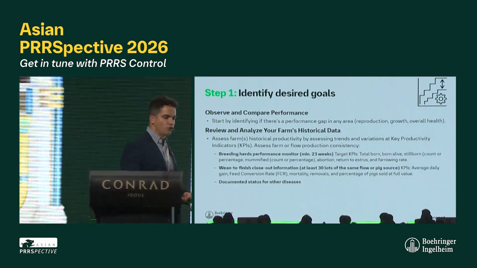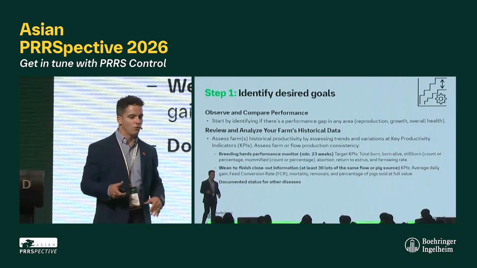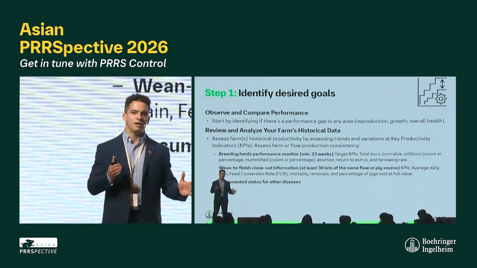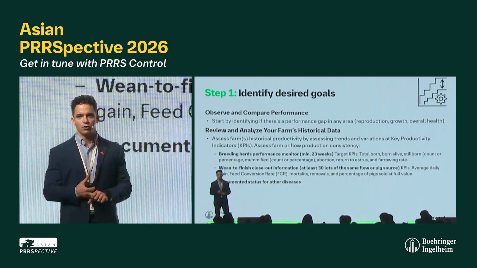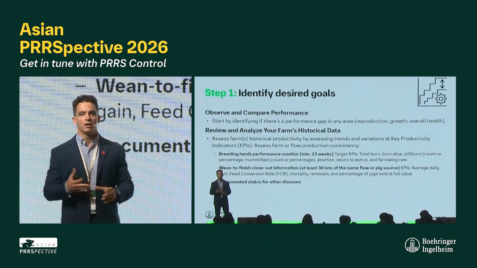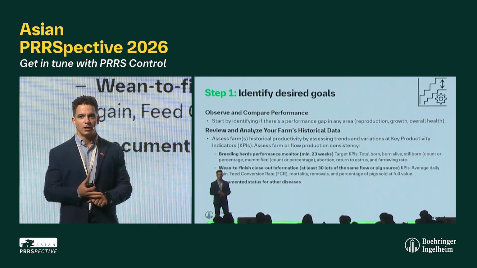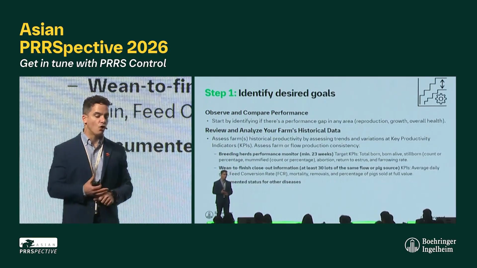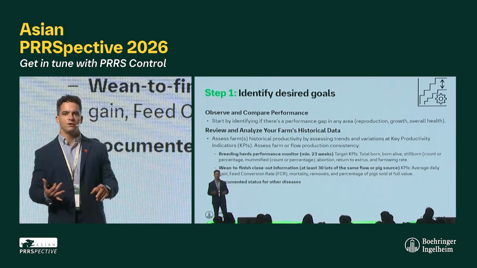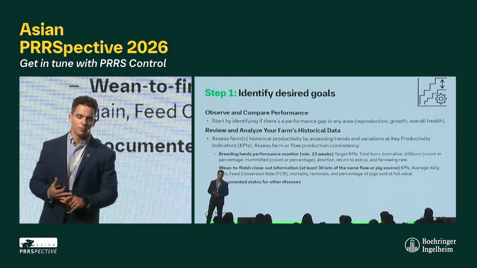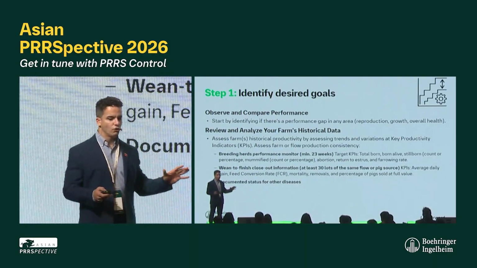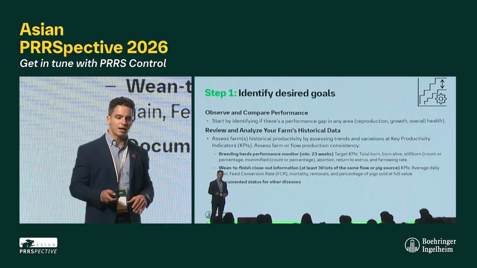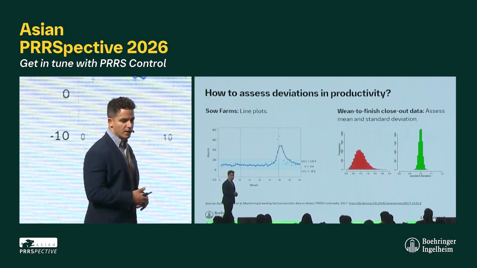So you're going to investigate over time key performance indicators that could be affected by one of the PCVDs that we know that PCV2 causes, right? So reproductive disease, systemic disease, or PDNS. So you're going to be documenting different metrics that could be affected by those different diseases.